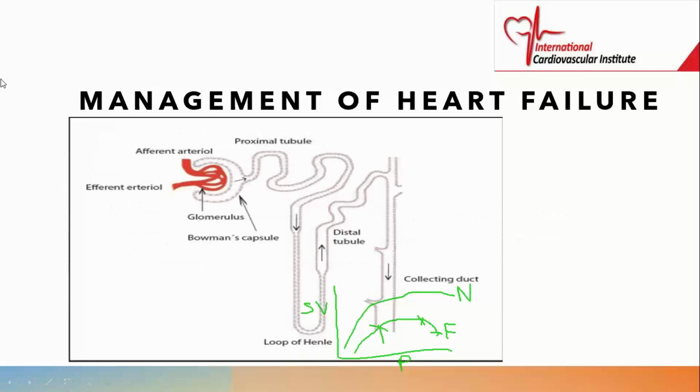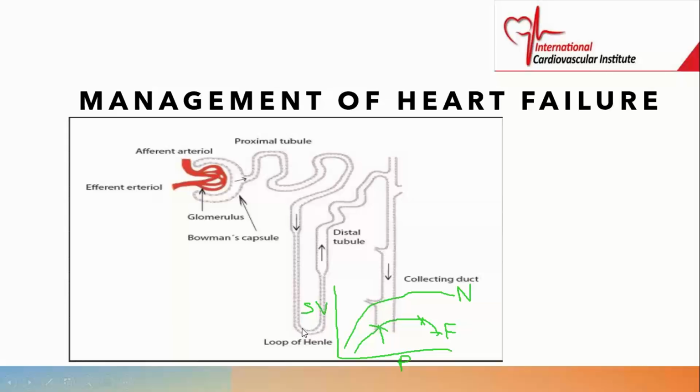So when we talk about the different types of diuretics, you have to know a little bit about the tubules. This is the glomerulus, of course, and then you have the proximal tubule coming from the Bowman's capsule. This is the Bowman capsule just around the glomerulus. So it's the proximal tubule, and then this is the loop of Henle we're talking about.